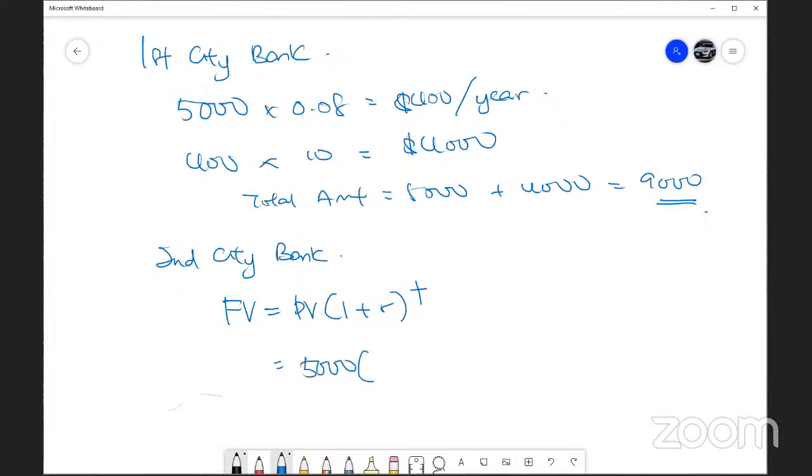You deposit $5,000 into two different banks. Your R is already given to you, 8%, 0.08, and for T you put 10 years. So 10 years later, the total amount that you will get is 10,794.62. This is the total amount from Second Citibank.